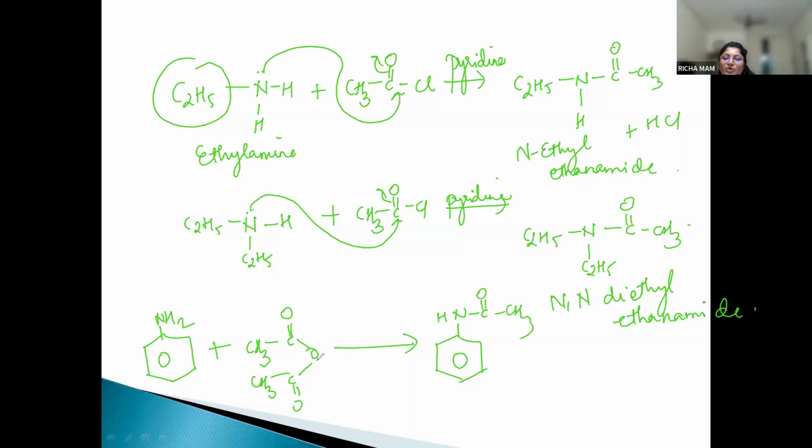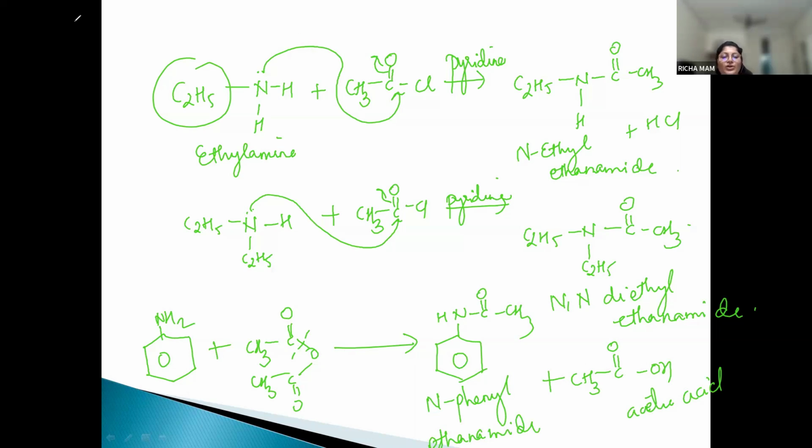One molecule will be added, plus CH3, C double bond O, OH, which is acetic acid. So I'm going to get N-phenyl ethanamide. That is acetanilide.